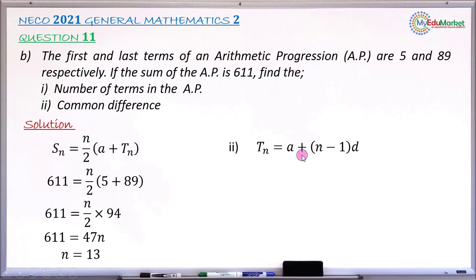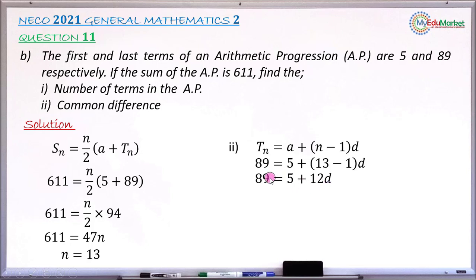Substituting Tn by 89, that is term number 13, you have 89 equals 5 in place of A plus (13 minus 1). I replace n by 13 because 89 is term number 13. Then multiplied by D, the common difference I want to find. 13 minus 1 gives 12, so you have 89 equals 5 plus 12D.